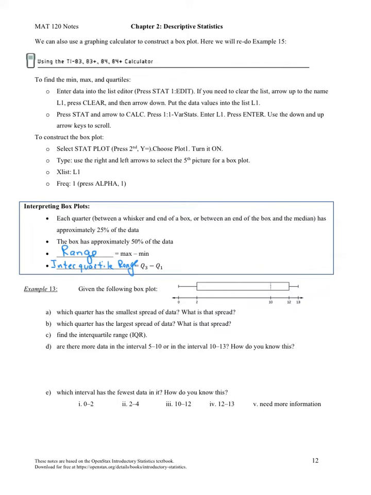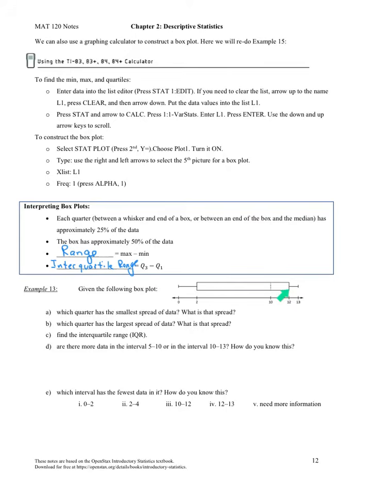Moving down to example 3, we are given the box plot here with the numbers below it. In section A, we are asked which quarter of the box and whisker plot has the smallest spread of data. Notice this right whisker here.